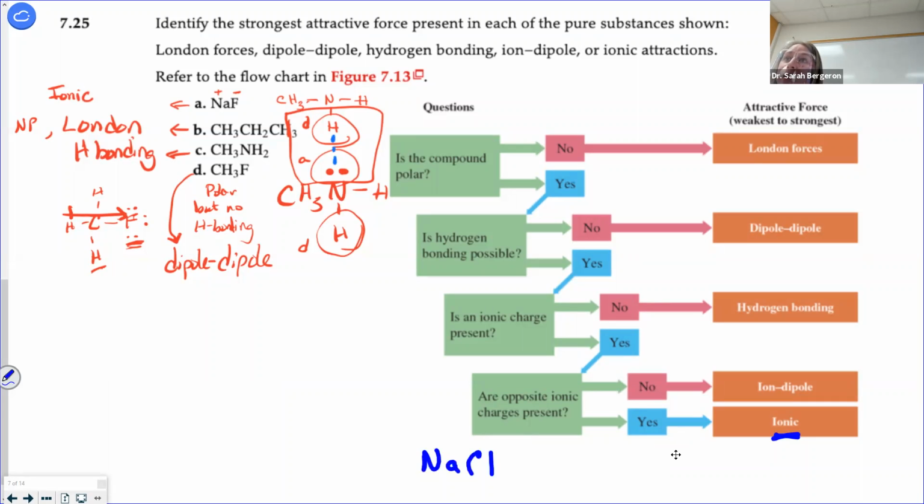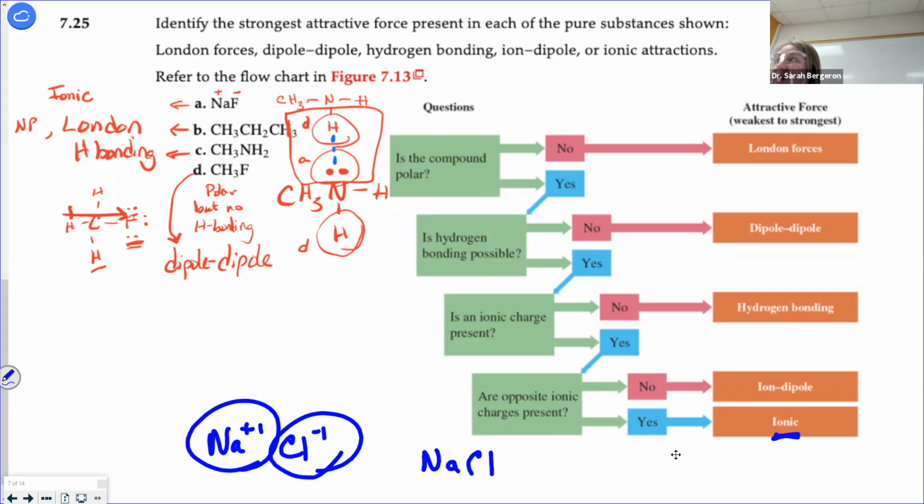It's an ionic compound because the sodium carries a charge of +1. Chlorine carries a charge of -1. So an ionic interaction is one where you have a negatively charged particle and a positively charged particle. Do we have that? Yes. Okay. Go to the next one.